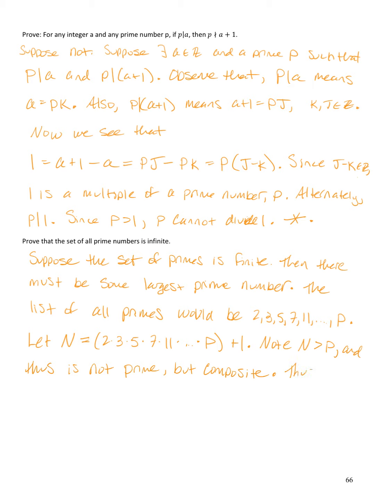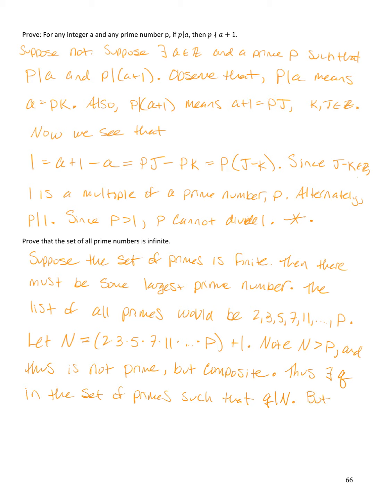So we should be able to find some q in the set of primes such that q divides N. So there's some prime number that goes into N, because N is composite, it has to be able to be written as a product of primes.